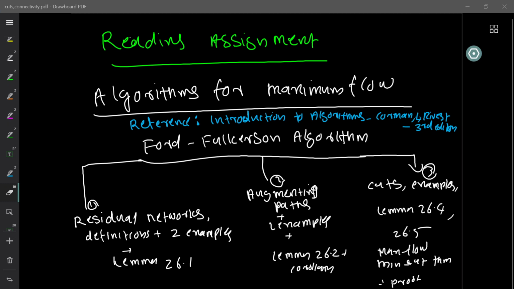like how does this Ford Fulkerson algorithm work? So it basically starts with a zero flow. We already said that zero flow is a valid flow because you can just assign zero to every edge. It will of course honor the capacity constraints, and the sum will be the same for internal vertices, so it's a valid flow. So you start with a zero flow, and then from the given network, we can define what is called a residual network.